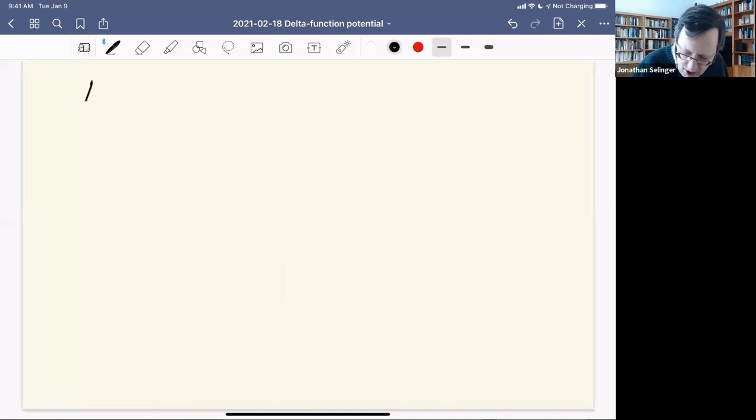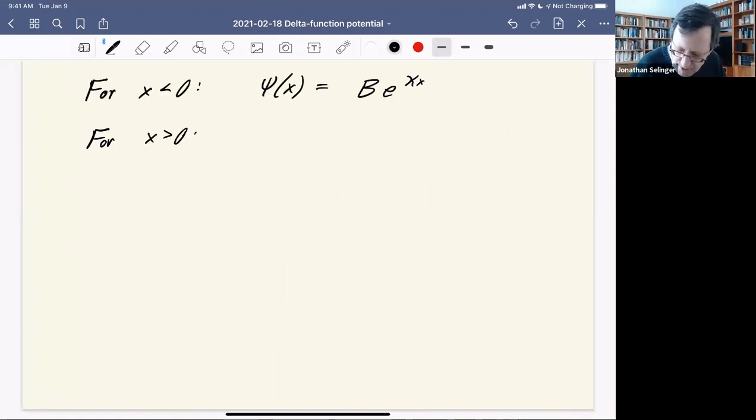So now we know that for x is negative, the solution has to be psi of x is b e to the kappa x. And for x positive, we have psi of x is f e to the negative kappa x.